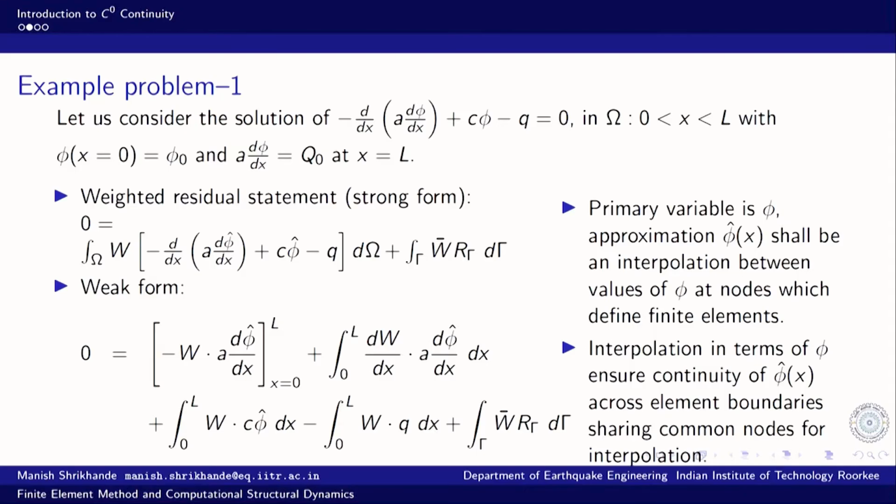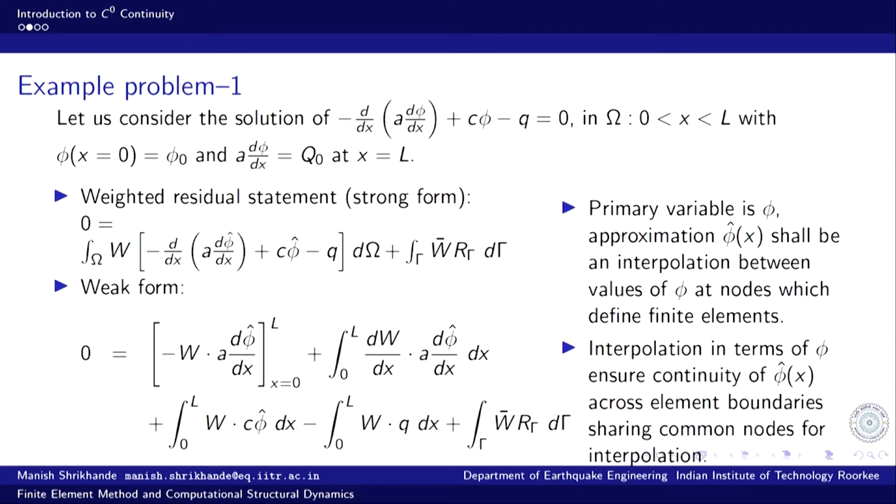So, we interpolate in terms of phi, the primary variable. The approximation phi hat that we are developing over each of these subdomains, as we will see, ensures continuity of phi, because adjacent elements share common nodes and common boundaries.